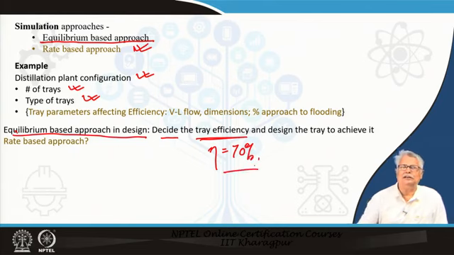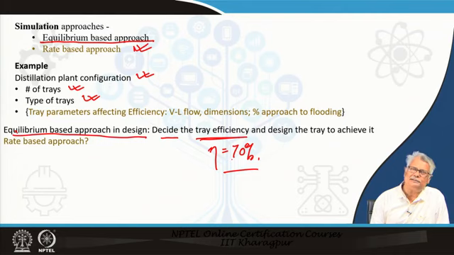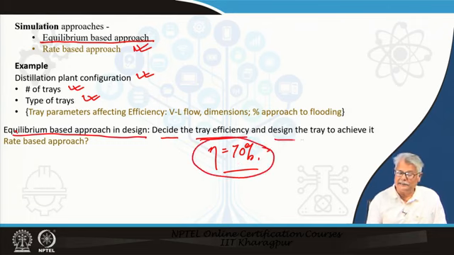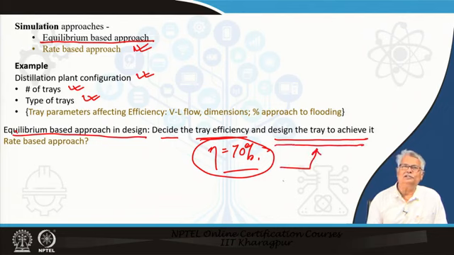We take a particular type of tray, assume the efficiency to be 70%, find out the ideal number of stages, find out the actual number of stages based on 70%, and then we design the tray to achieve 70%. This is the typical approach taken in the equilibrium stage case.